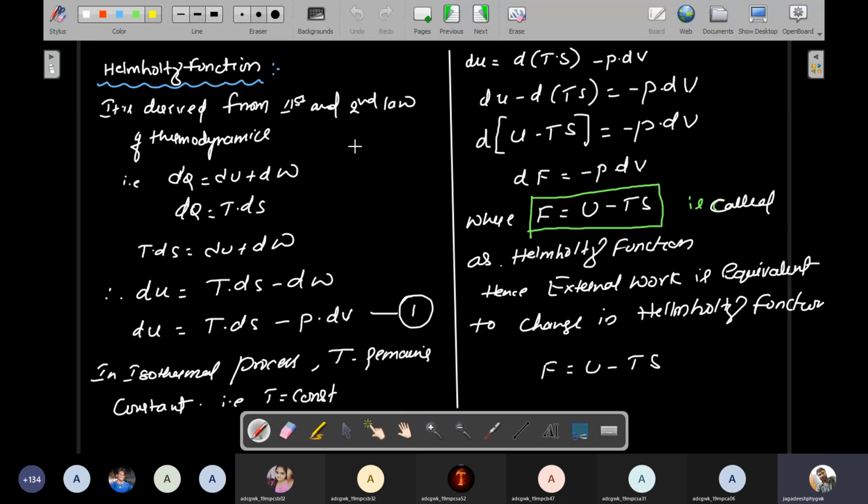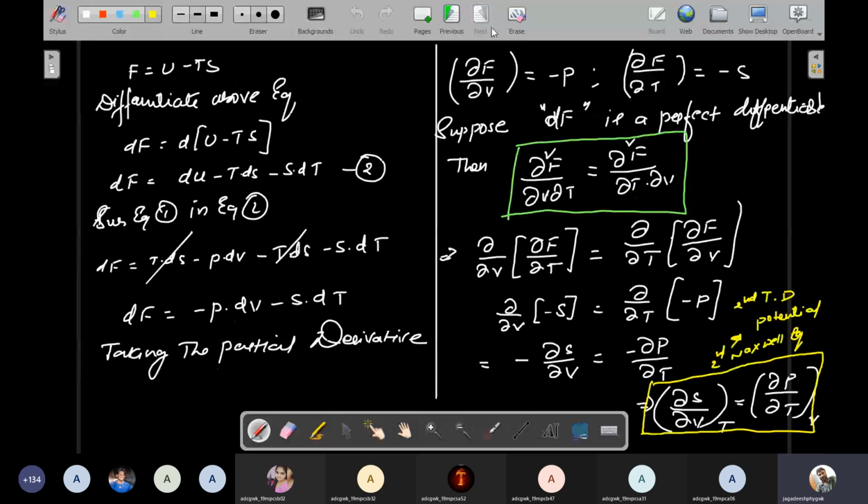This is the second thermodynamic potential, and it is also called the second Maxwell's equation. So what is the second Maxwell equation? ∂P/∂T at constant volume is equal to ∂S/∂V at constant temperature.